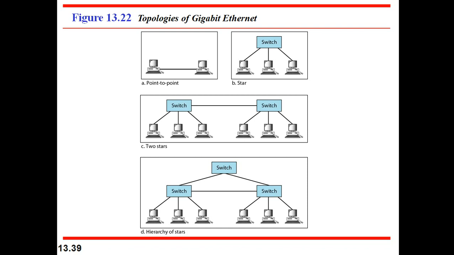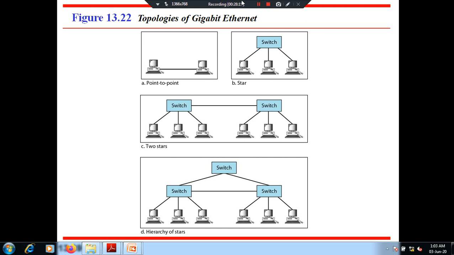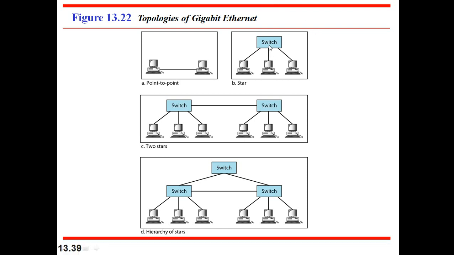A hub is a passive component that works in half duplex mode. If you are using a switch, we can communicate with the switch in a full duplex manner, or we can implement a two-star topology, or a hierarchy of star topology.